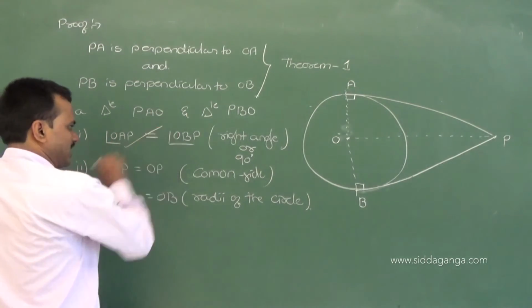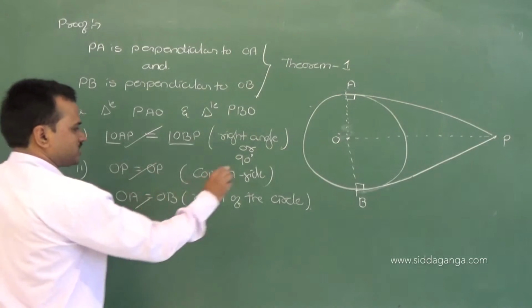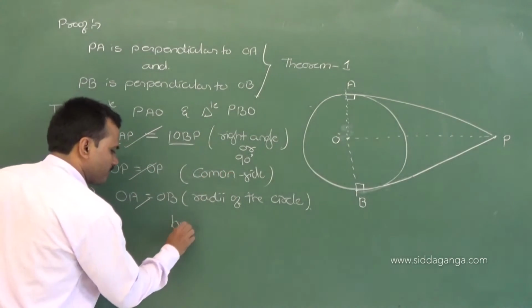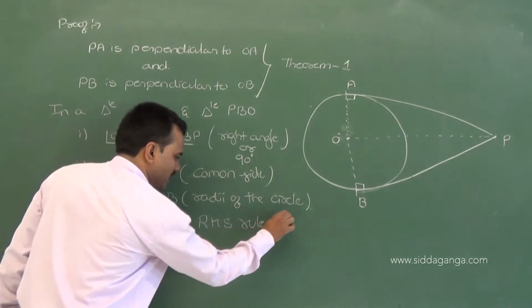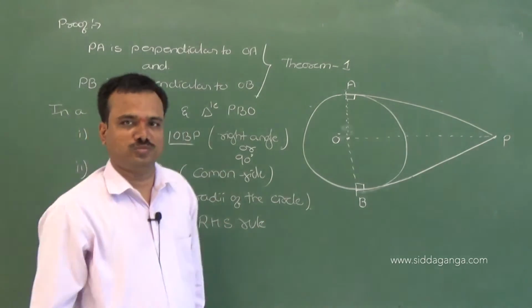The first one is angle. Second one is two sides. According to the RHS rule, you already know in 9th class the RHS rule.